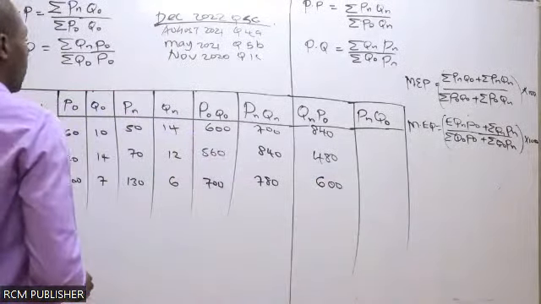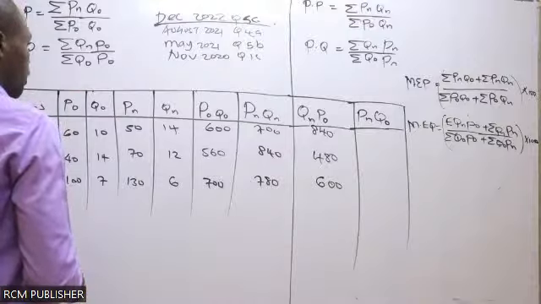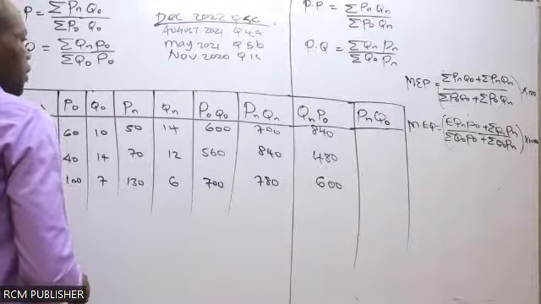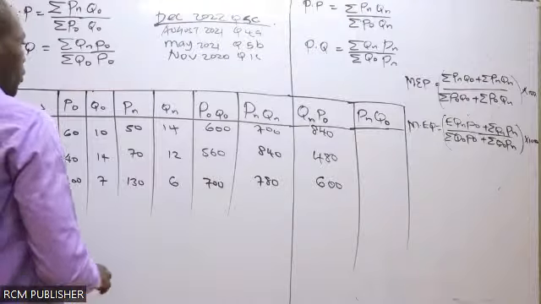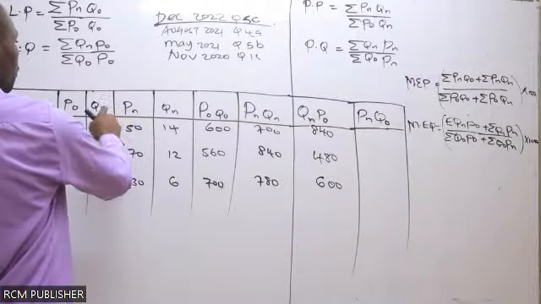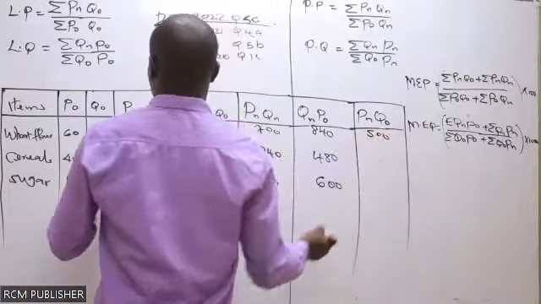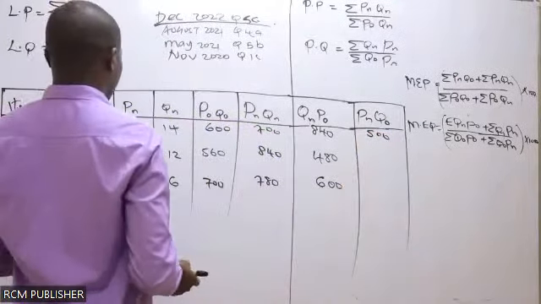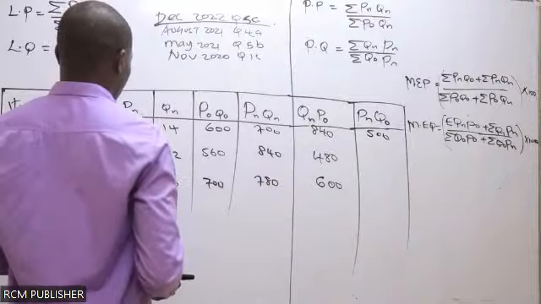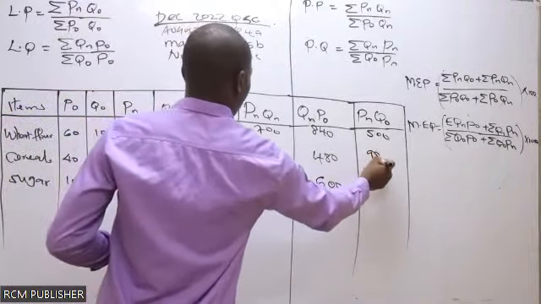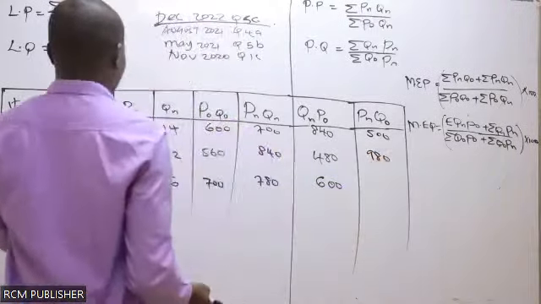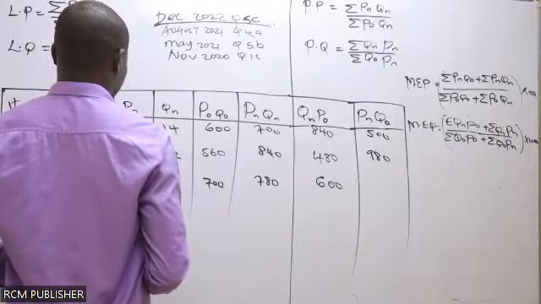Then we get to PNQO. So we have 500, then 14 by 70, 980. And then we have 7 by 130, 910.